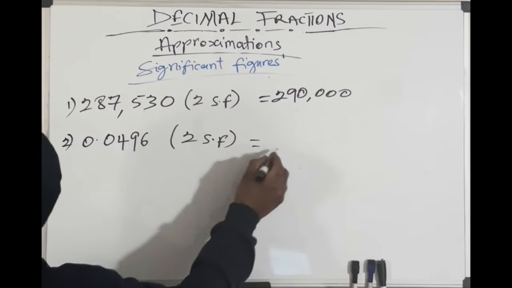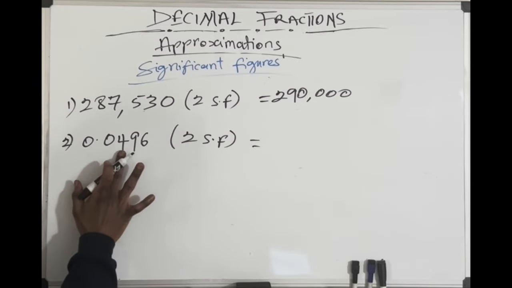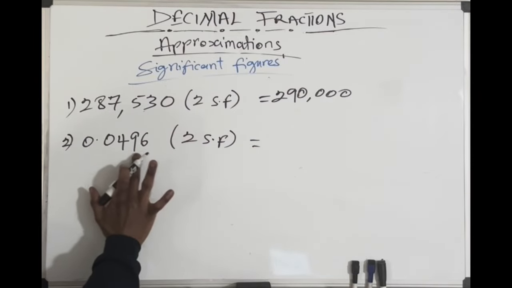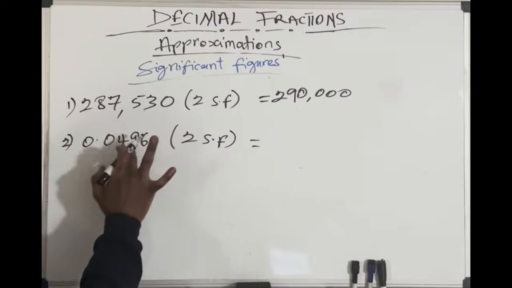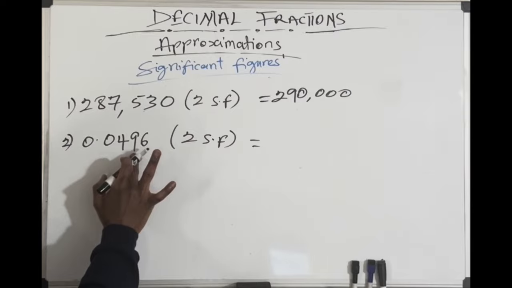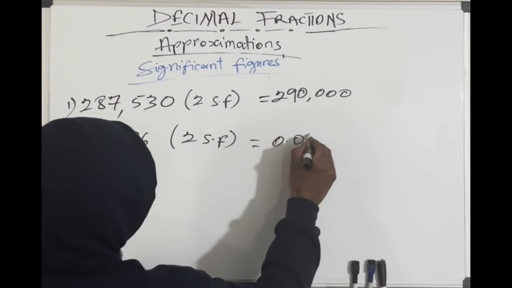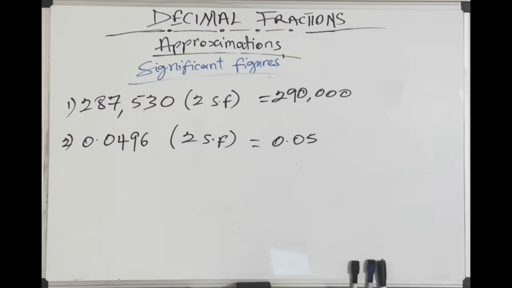With this 2 significant figure, the first zero is not a significant figure. 4 is the first significant figure, and the second significant figure is 9. We look at the next number, which is 6, so we add 1 to it, making it 0.05.